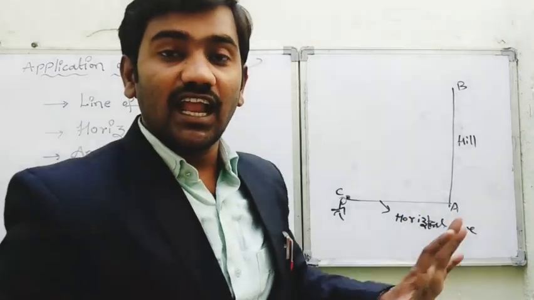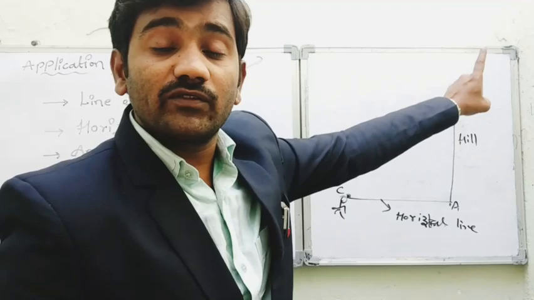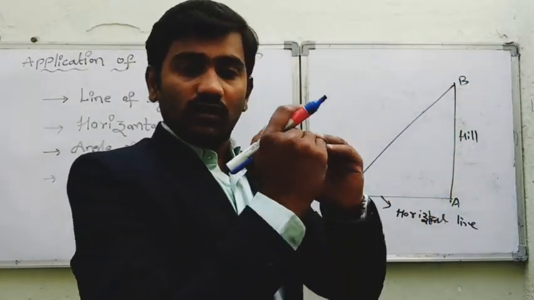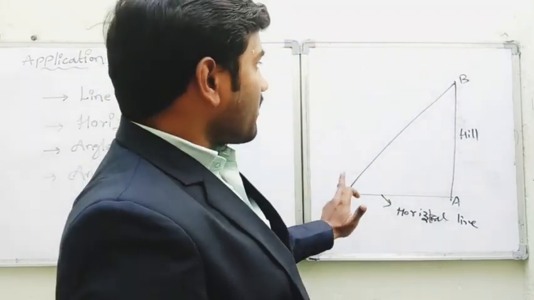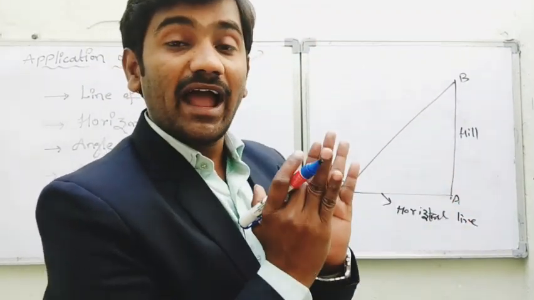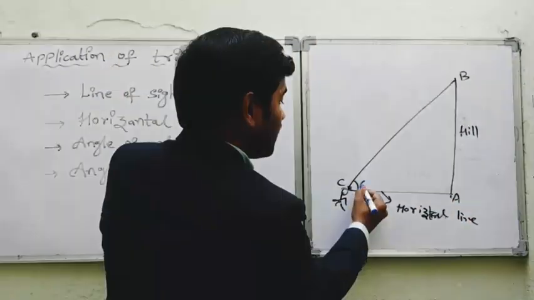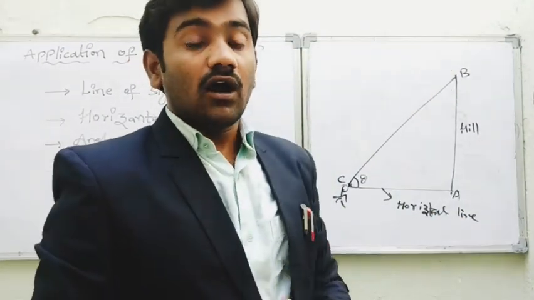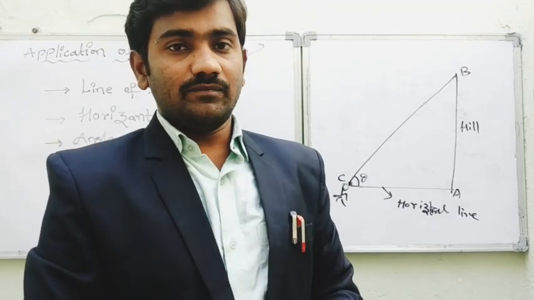This is the horizontal line. You are observing the top of the hill with some angle. Always you observe with some angle only. This angle is known as the angle of elevation.